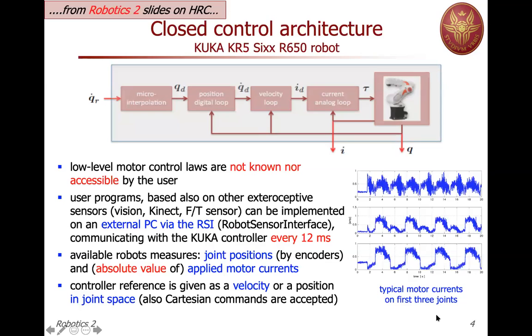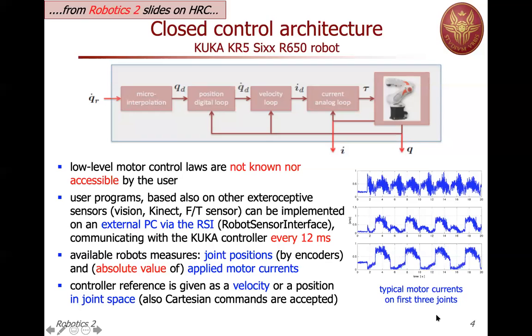First of all, you can find this slide actually from the second course of robotics. I'm putting it here just to illustrate this issue. So exactly with the KR5 robot, you can see on top a block diagram, which is what is inside the low-level control loops.